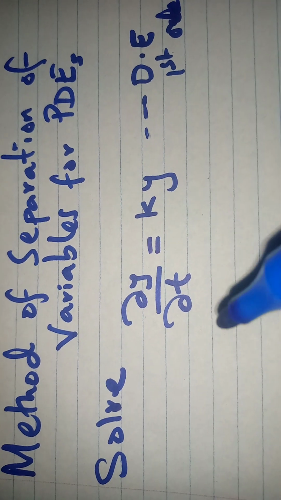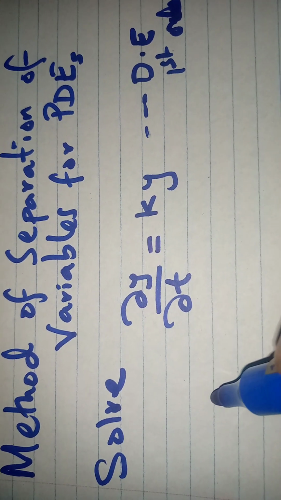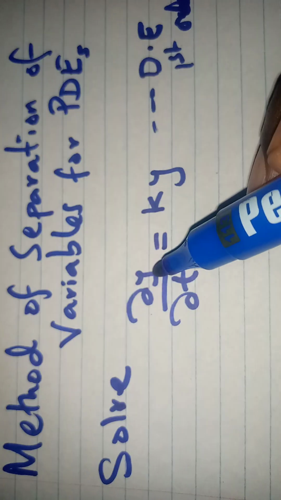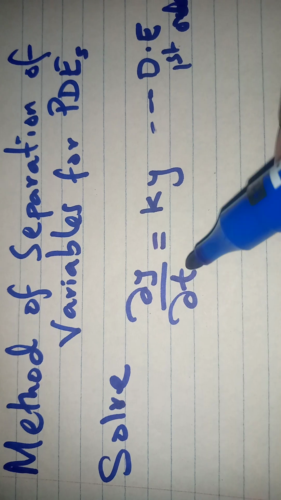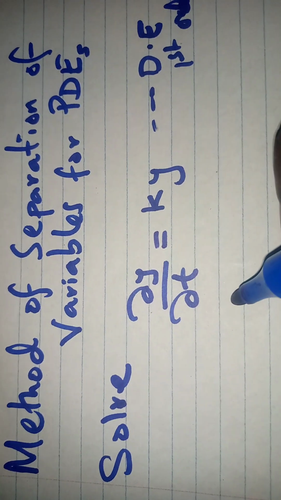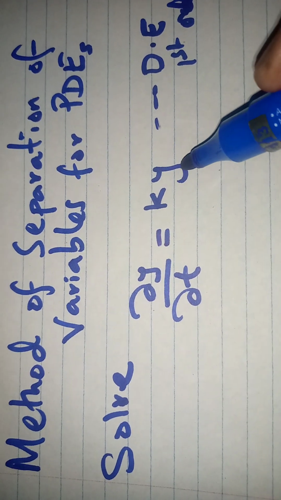So for us to start, I'll start by separating the y and y together and the constant k and t on the other end. So I'll start by dividing by this y.